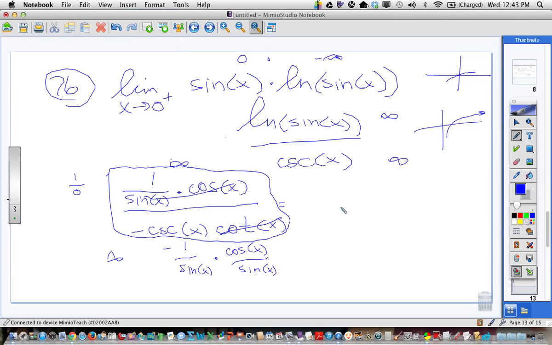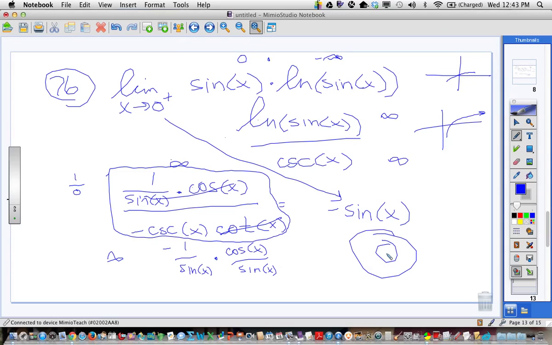What's 1 over cosecant? And there's a negative on it, right? So this whole thing just simplifies to negative sine, because the cotangent divided by cotangent cancels and the reciprocal of cosecant is sine. So negative sine, and now we can put in our 0. Sine of 0 is 0.